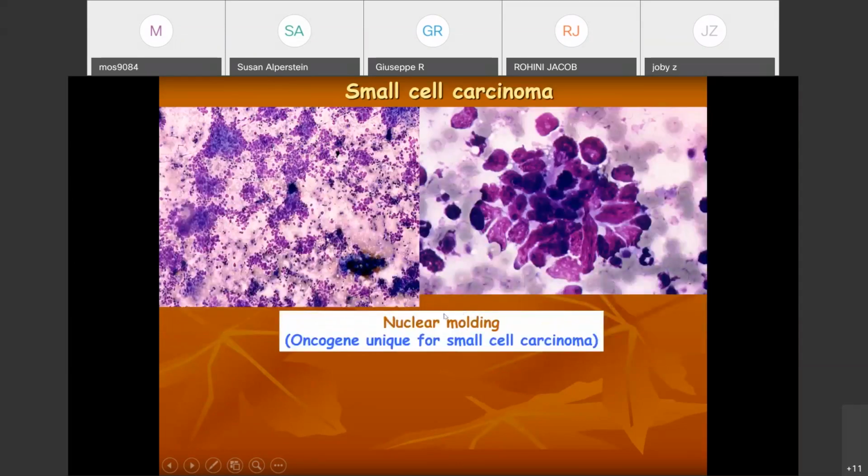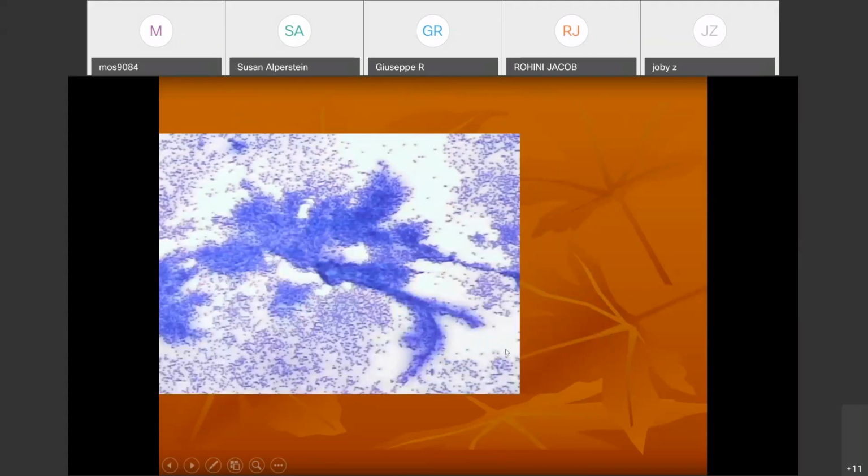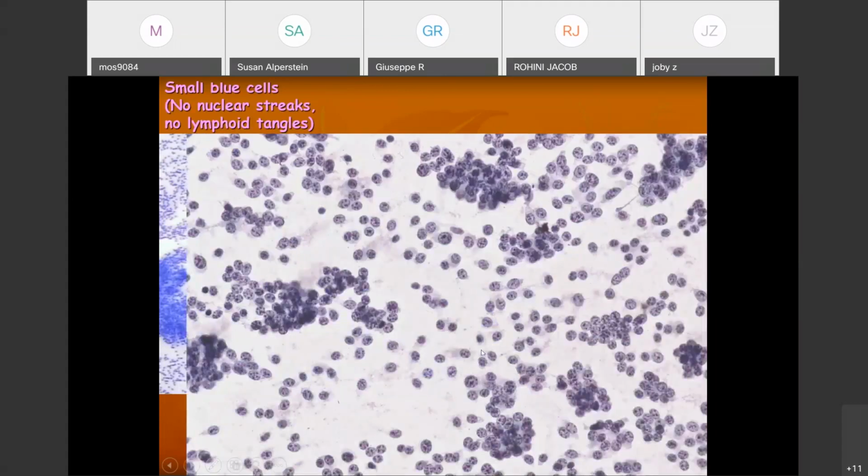And so small cell carcinoma nuclear molding, it's because of what I just said, the oncogene unique for small cell carcinoma. And here's a case, there's no nuclear streaking, small blue cell with salt and pepper chromatin. So it's well differentiated neuroendocrine tumor, depending where it comes from, has different name.